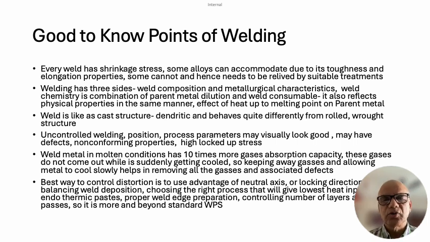Weld either side of the neutral axis, use staggering, use locking directions for every joint, balance the weld deposition on either side of the neutral axis or either side of the joint, choose the right processes, choose the right parameters, bare minimum heat input, heat extraction, a good weld edge preparation, control the number of passes and layers, and position them well so that you have sufficient gap for every pass and every layer.